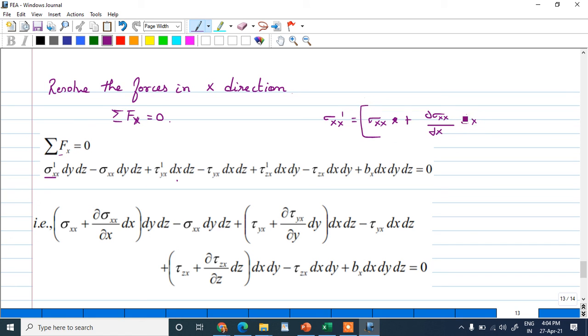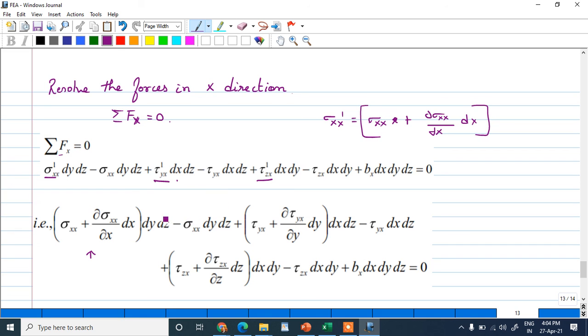We need to substitute this here. The same thing happens in sigma xx prime. We have substituted the same dy dz, and in tau prime yx the same thing has been substituted. See, for all three positive stresses we are substituting the value.